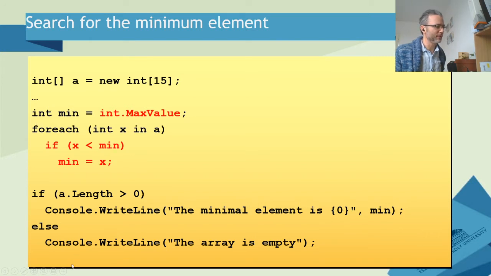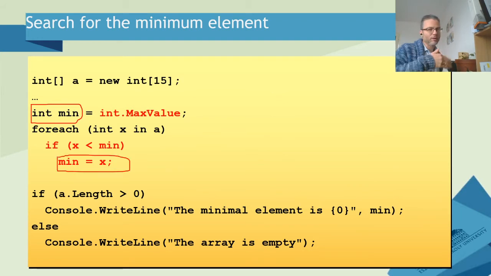So you definitely need a variable to store the minimum element so far. If the current element is less than this minimum, then from now on, the minimum element will be x. Do you understand that?